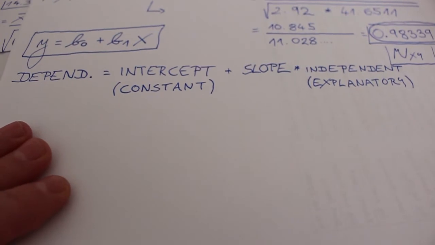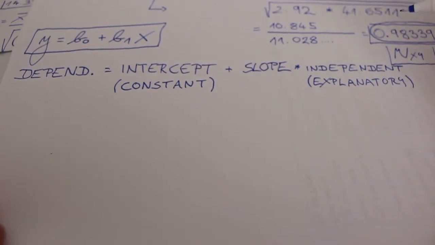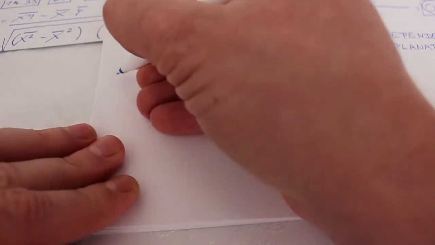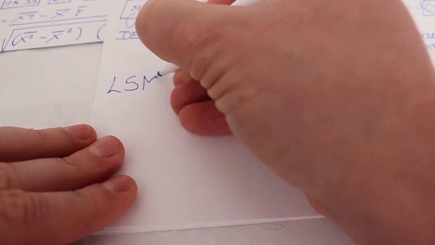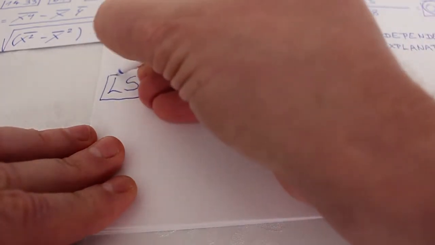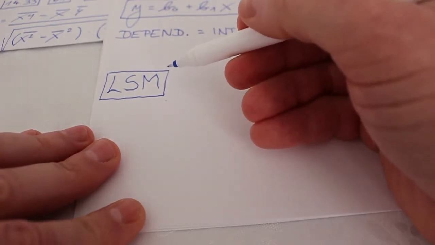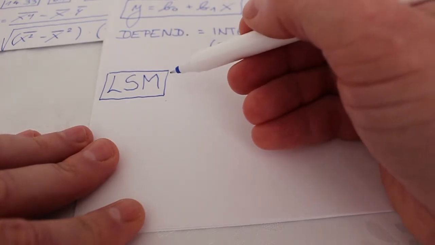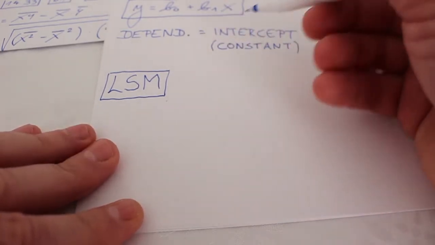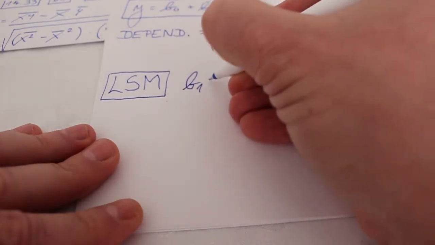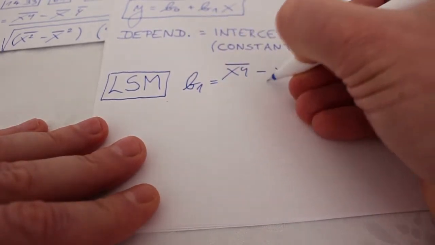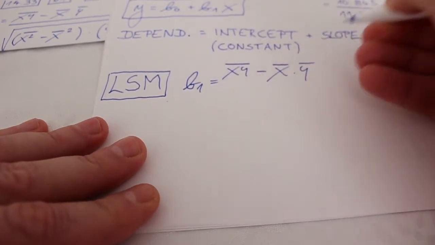We have formulas for the calculation from the data, and these formulas are based on the least squares method, minimizing the sum of residuals squares. In formulas you can find that b1 is calculated like numerator xy mean minus x mean times y mean.